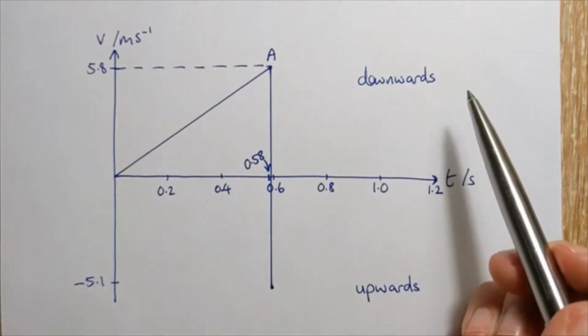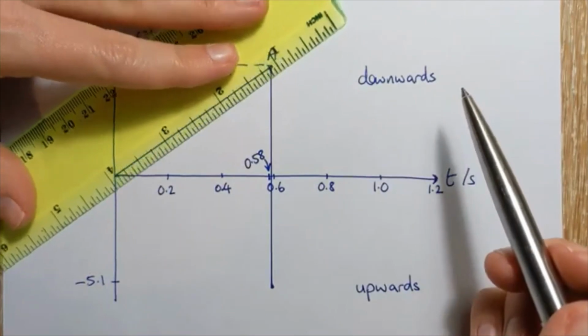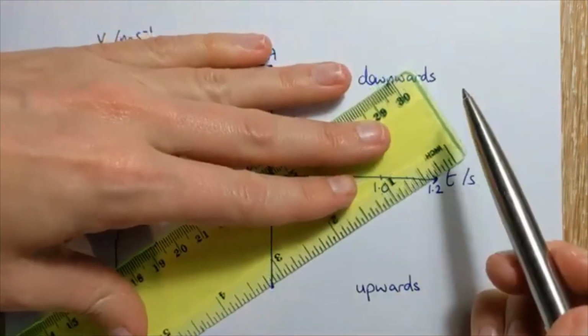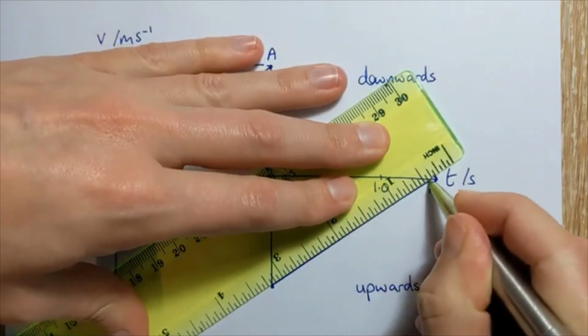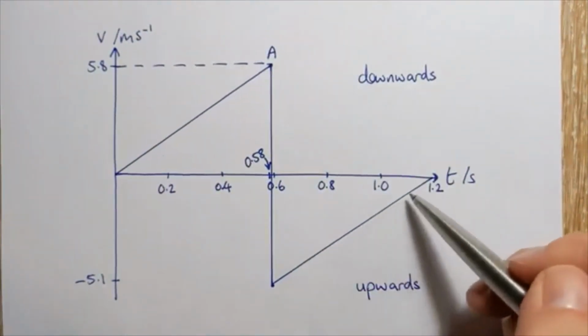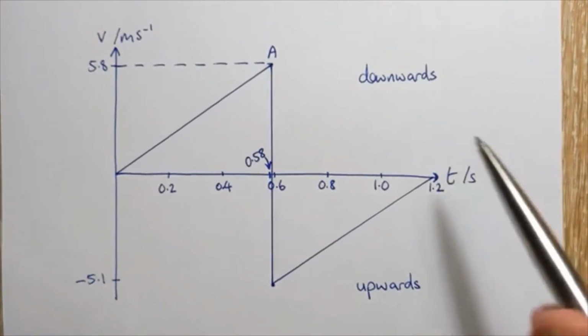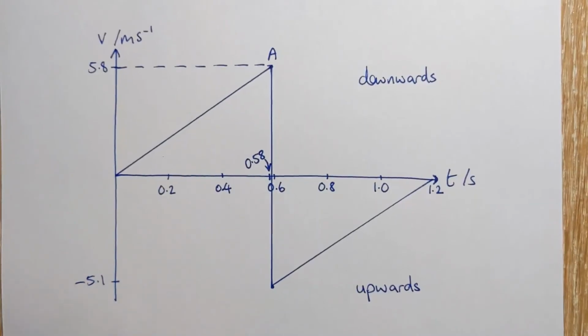And that, of course, is the same gradient as this part of the graph. So I'm going to sort of cheat a little bit and just try and draw it parallel, so that looks about right. There we go. So this needs to have a gradient of plus 10 because plus is the downwards direction. Well done if you got that one right.